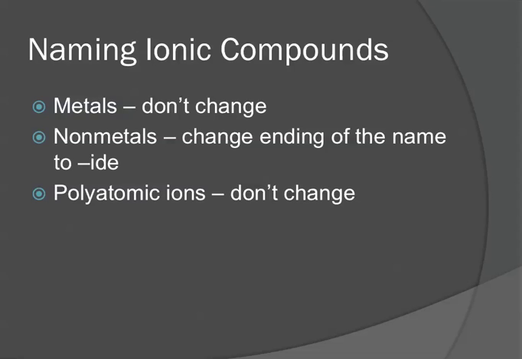And if one of the elements of your compound is a polyatomic ion, you don't change that name either. So the only thing you're changing is nonmetals. Remember that all compounds have two-word names. So if you've come up with more than two words, you're doing something wrong and you need to go back and check. It usually means you have a polyatomic ion that you didn't name properly.